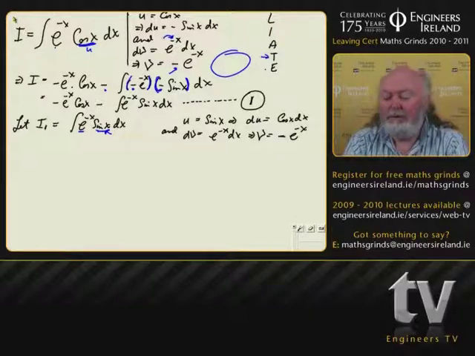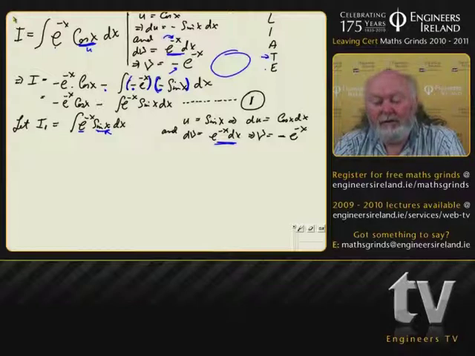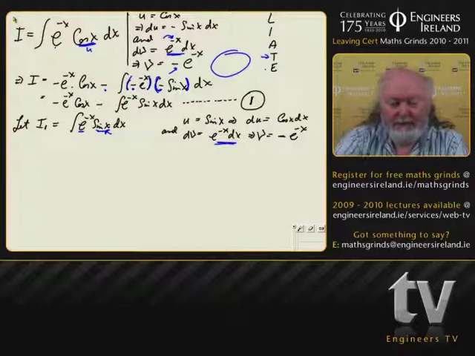You will notice that this here was the same as what we had earlier. And when we integrate e to the minus x dx, we get minus e to the minus x.